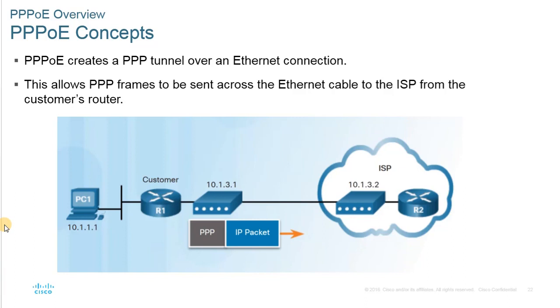Mostly on the customer equipment side, there is an Ethernet frame in the part of the data, and when the transceiver receives it, it will strip it off and then just continue to transmit it going to the other side, which is the ISP, or internet service provider. Therefore, it allows point-to-point protocol frames to be sent across the Ethernet cable to the ISP from the customer's router.